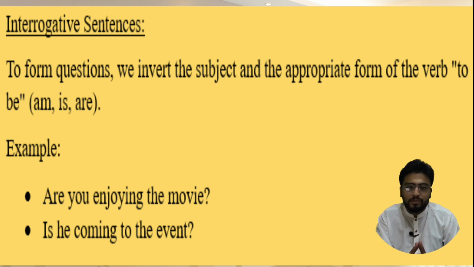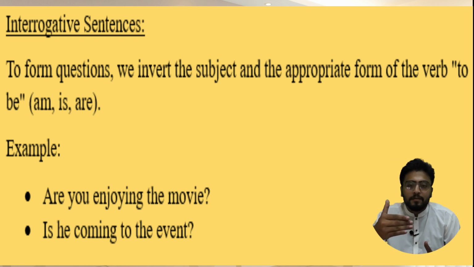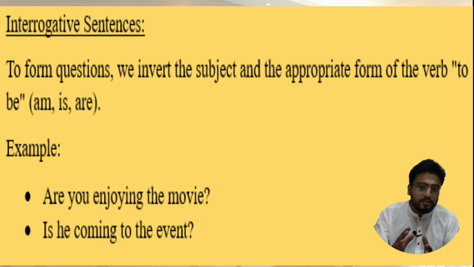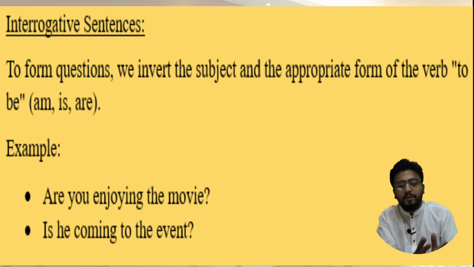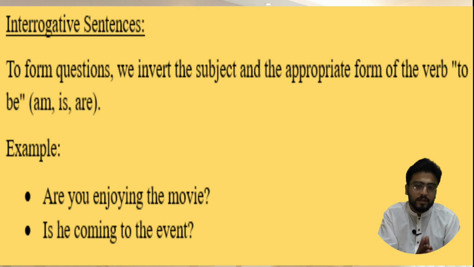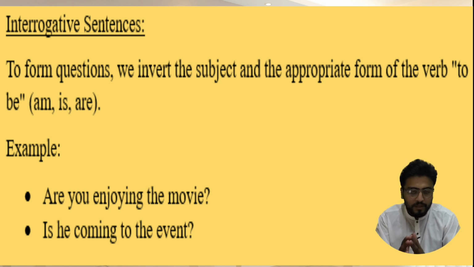We use the subject and later we use the appropriate be form. But in interrogative sentences, we actually replace both of these. First, we use the appropriate form of be according to our subject, and later we set our subject, whether it is a noun or pronoun, after be's form.